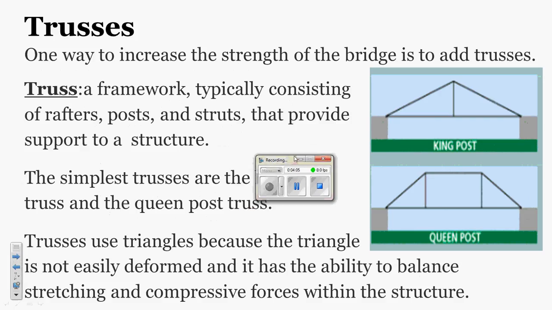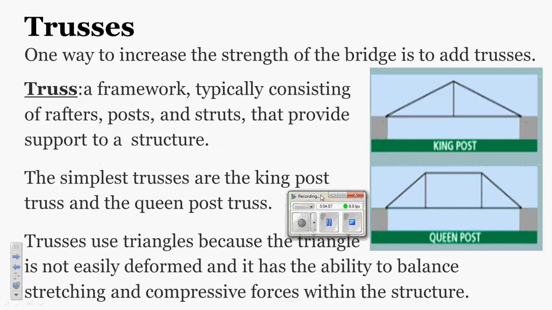Then we're going to talk about what we call trusses. A truss is a framework. It typically consists of rafters, posts, studs, or struts that provide support to a structure. The simplest trusses are what we call the king post, and you can see over here to the right, the king post has just one support system way up at the top.